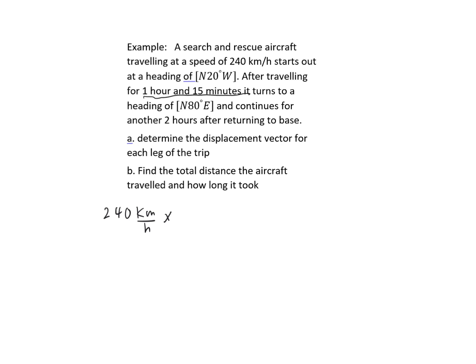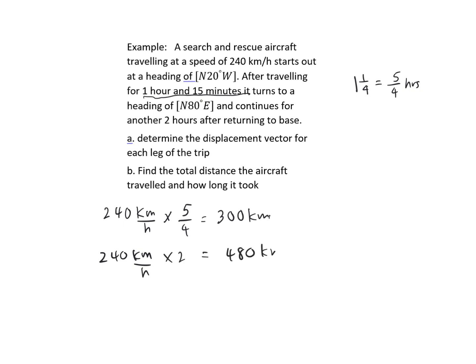So 1 hour and 15 minutes is an hour and a quarter, or 5/4. So I'm going to multiply this by 5/4, and we get 300. So on the first leg of the trip, they traveled 300. Same speed. Second leg of the trip, they traveled for 2 hours, so they traveled 480 kilometers.